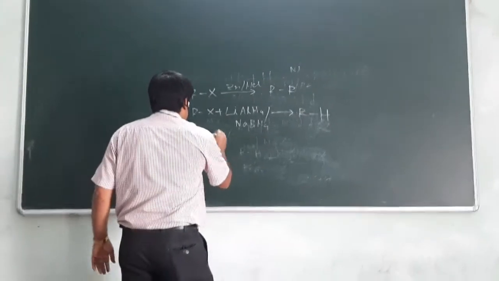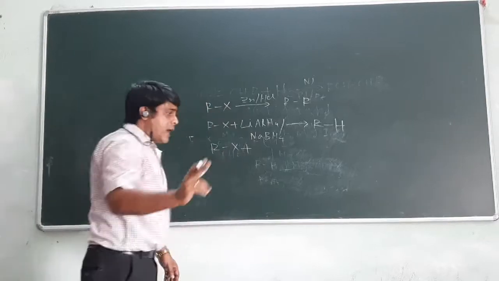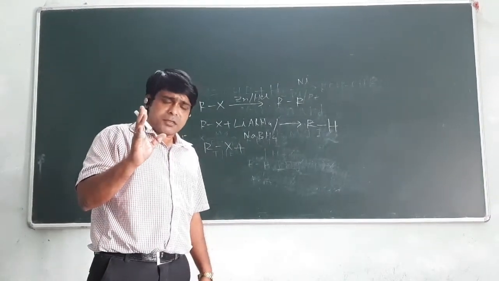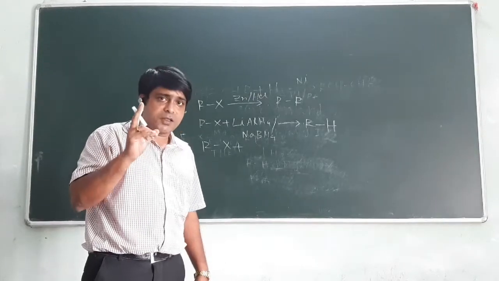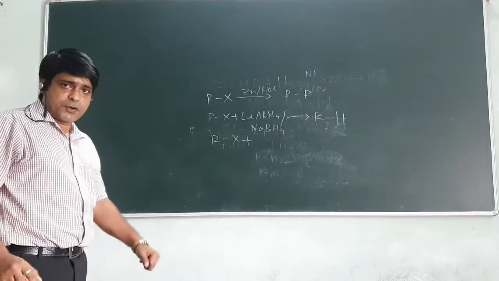In the last method, you can react the alkyl halide with hydroiodic acid, and it must be concentrated hydroiodic acid. The reaction cannot happen with dilute hydroiodic acid.